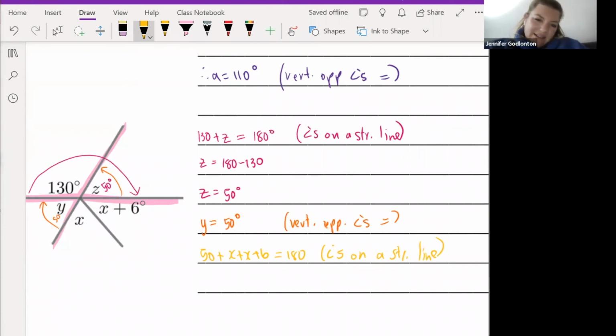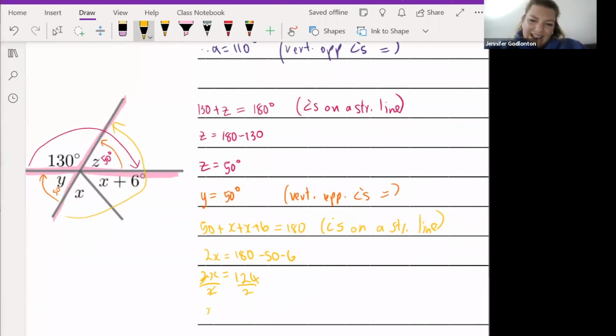Next, 2x equals 180 minus 50 minus 6. So 2x equals 124. Good, and you divide that by 2. So x is 62. Yes, well done. Beautiful. That was great, Tracy. Excellent.